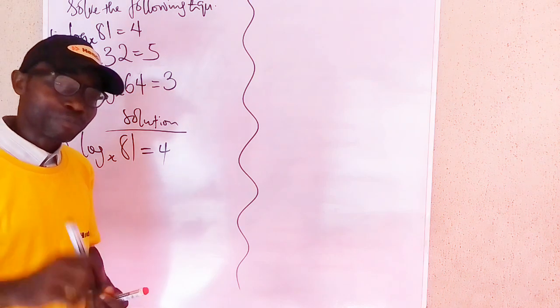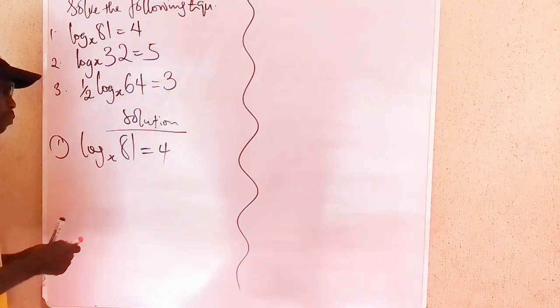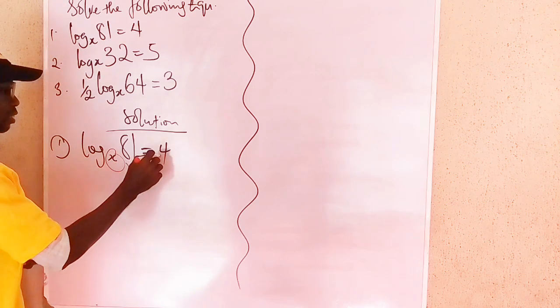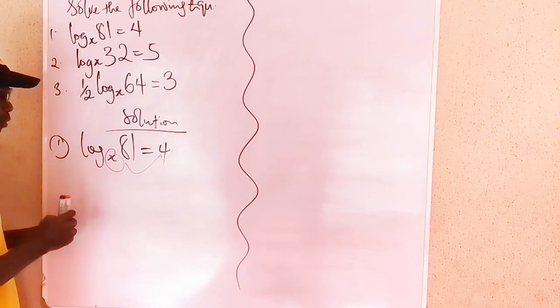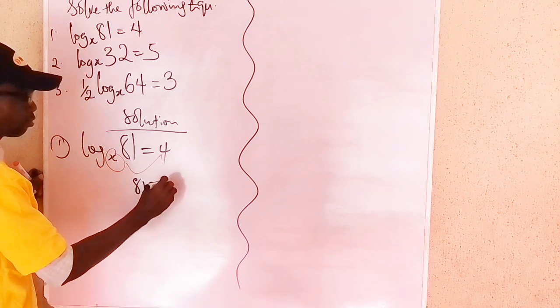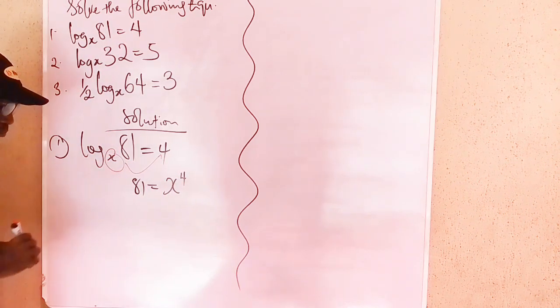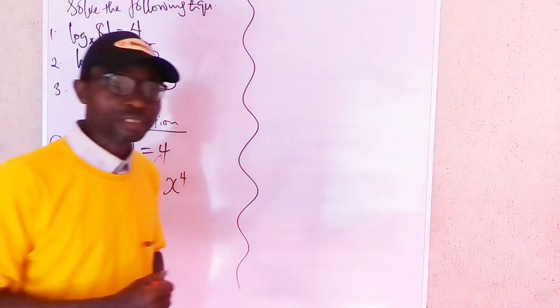So this is the base. How many times will this base be raised? So 81 is equal to x raised to the power of 4. That's essentially it.